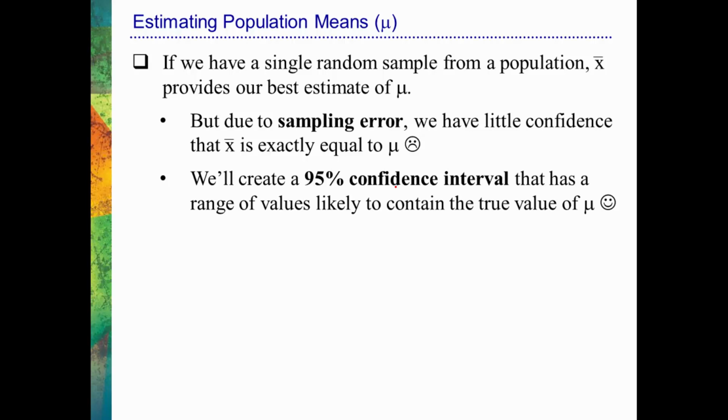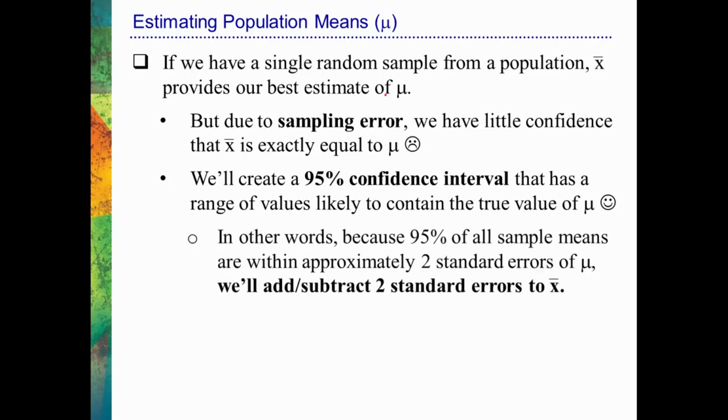So the bottom line is, instead of picking one value, like the sample mean, to estimate the population mean, we'll come up with a range of values or an interval of values that is likely to contain that true value for the population mean. So in other words, we're going to look at 95% of all the possible sample means.